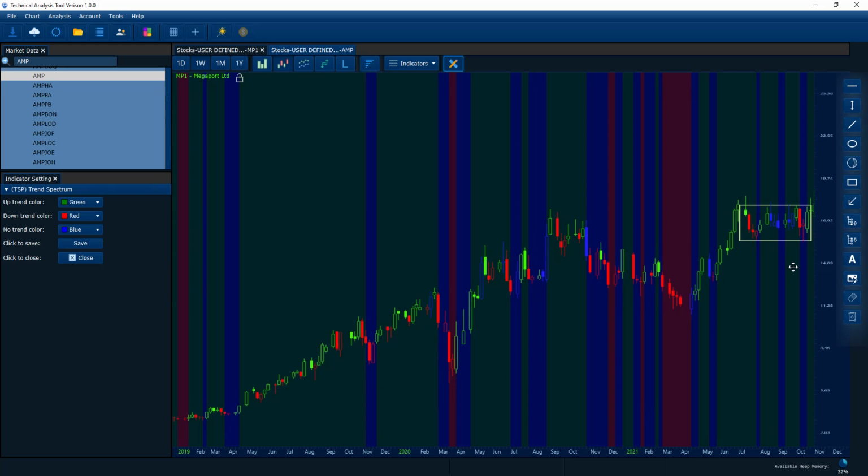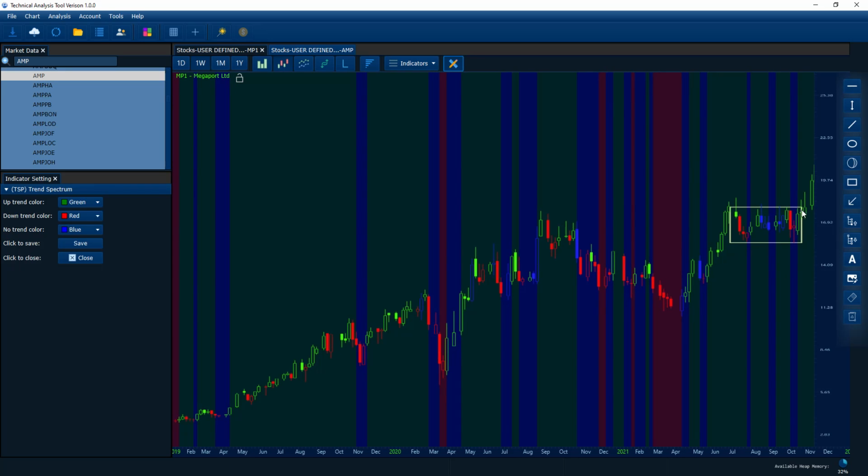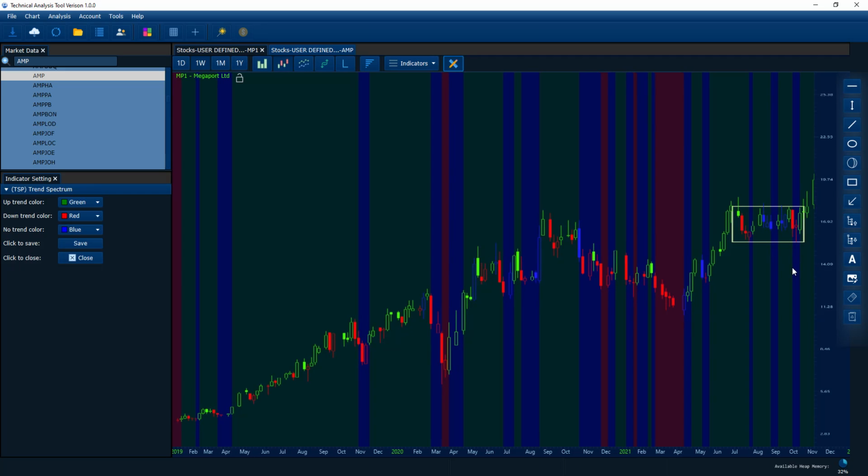Here it makes a tail trying to break out, but when the price moves above and the trend spectrum turns back to green, you will be more confident about this breakout because the uptrend is still going. You can buy more, or some speculators can get in at this point. So basically, the trend spectrum provides extra information about a breakout or breakdown.